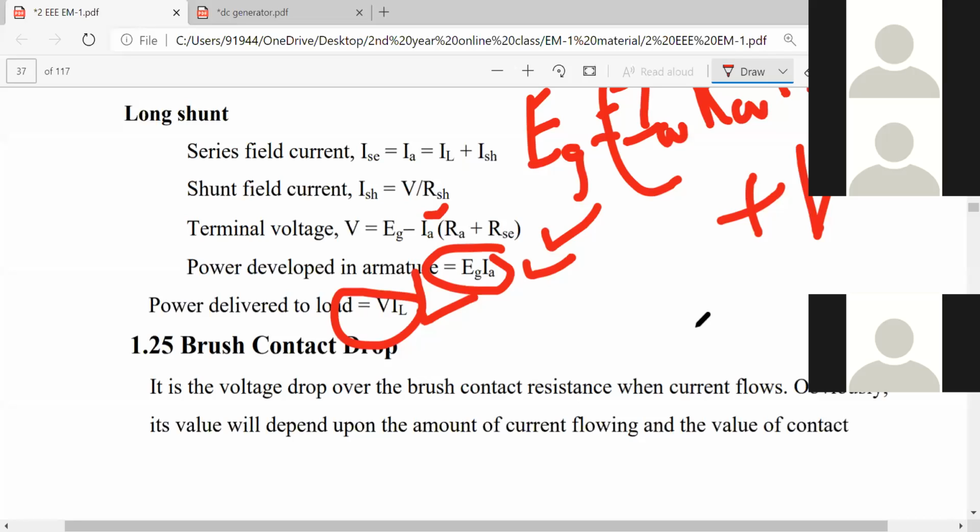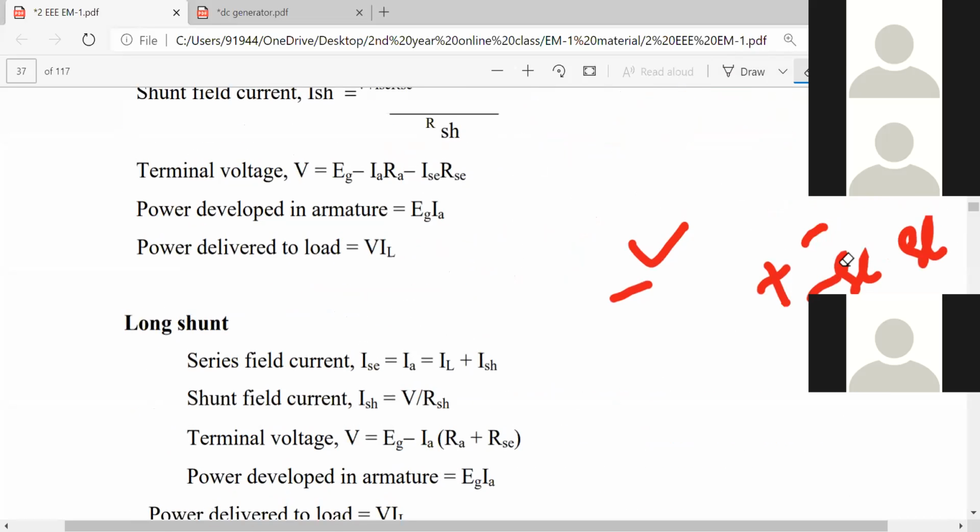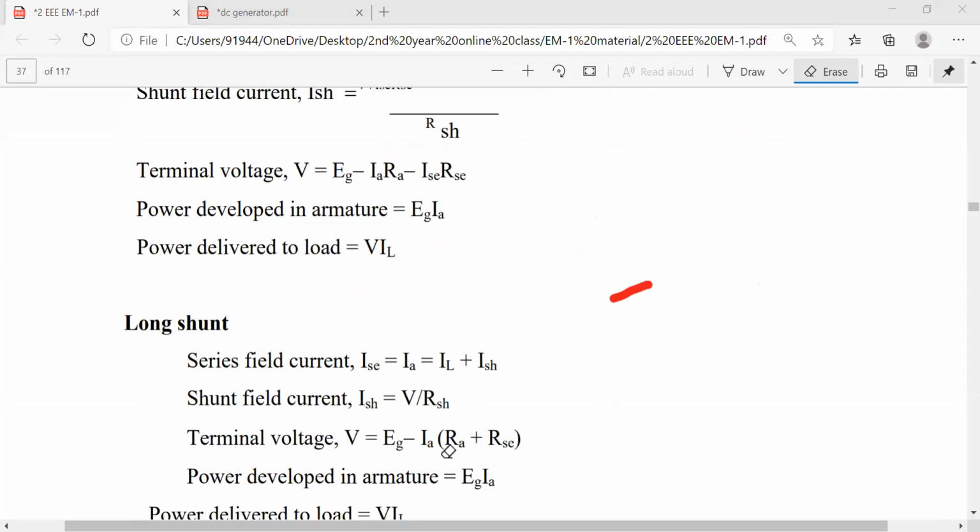Difference of this. So anyone having any doubts, please ask me. డౌట్స్ ఏమైనా ఉన్నాయమ్మా? 208, ఏమైనా డౌట్స్ ఉన్నాయా? హలో 208, డౌట్ ఏమైనా ఉందా?